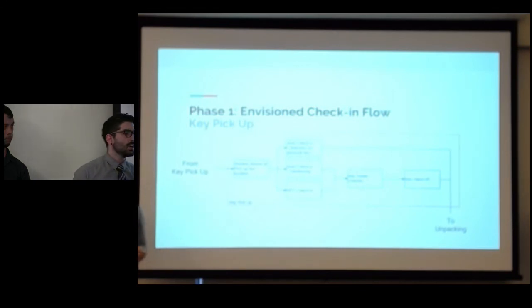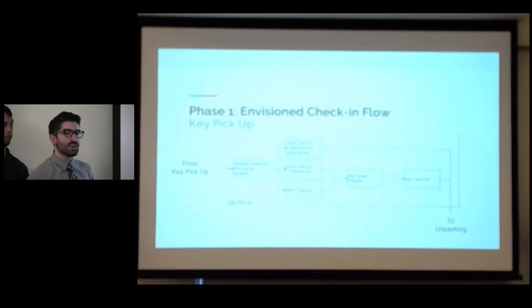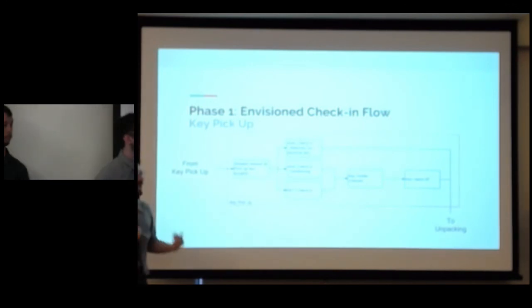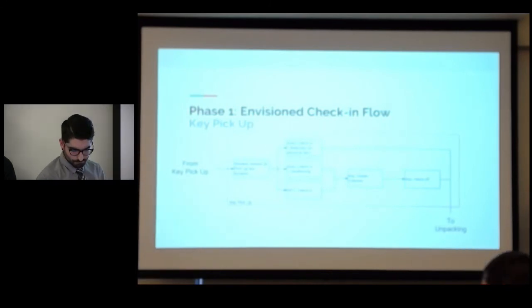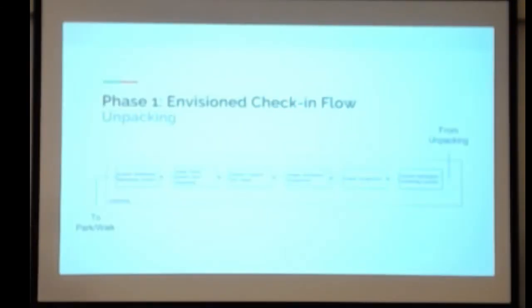As such, there was a possibility of not having a physical key, or of having a key. This demonstrates what happens if they do have a key: a key holder would come to the student and hand off the key. The third step is unpacking.